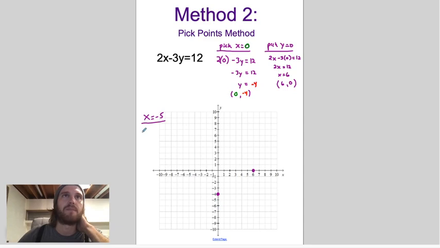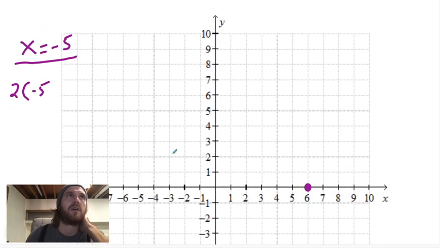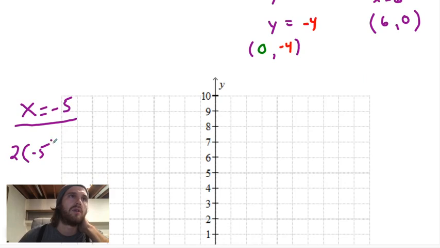So let's plug this in. 2 times negative 5. I'm going to make the screen a little bigger so it's easier to see. Minus 3y equals 12. We're solving this equation. 2 times negative 5 is negative 10 minus 3y equals 12.